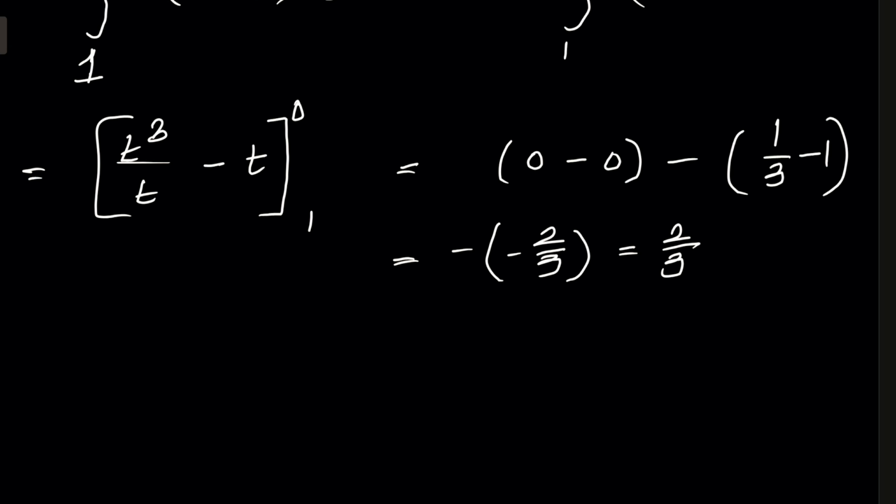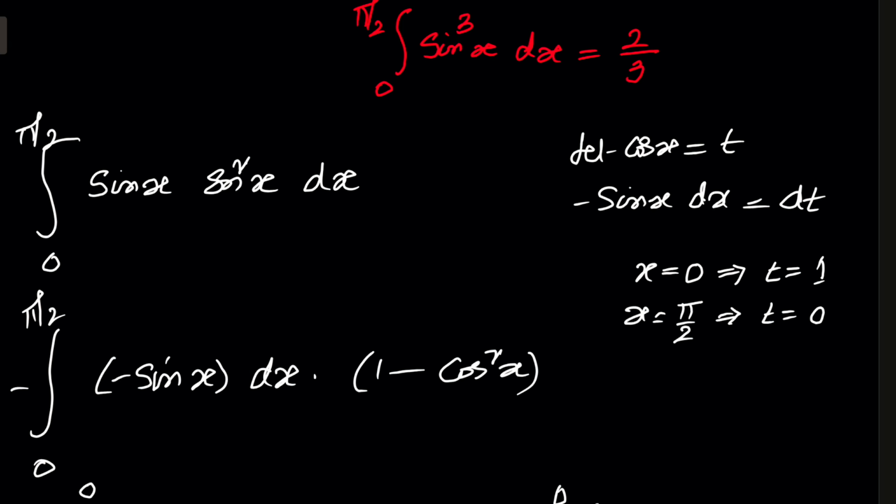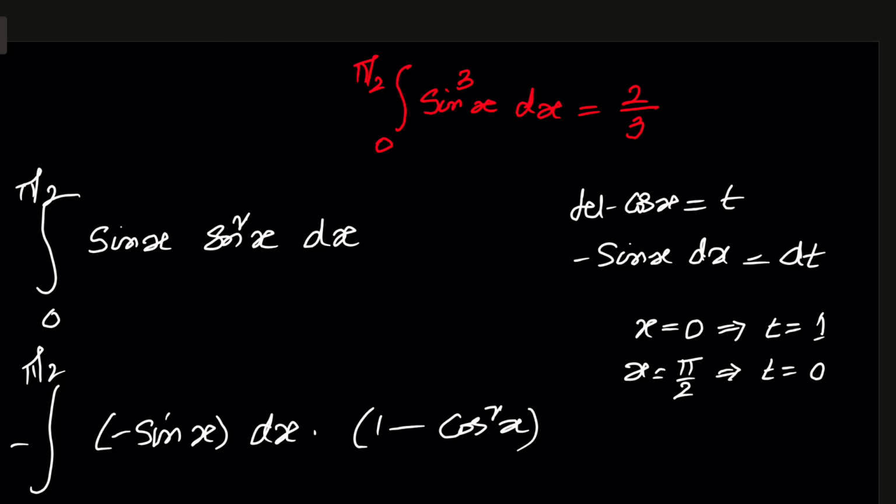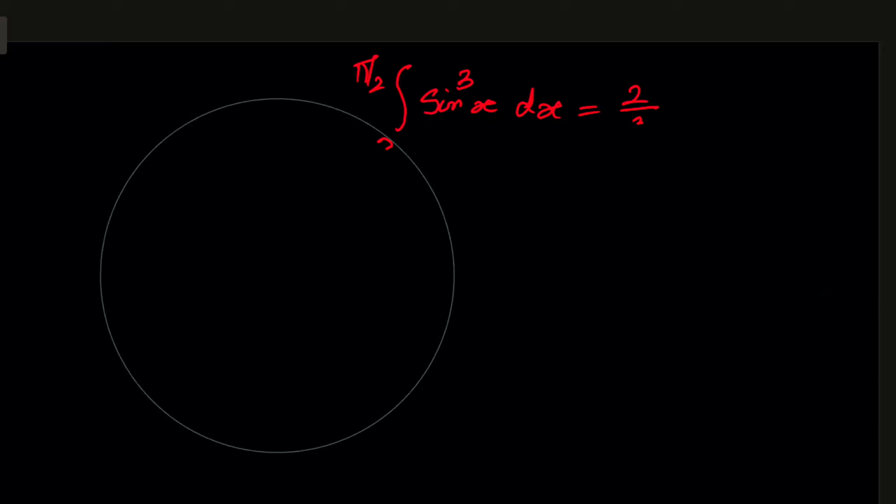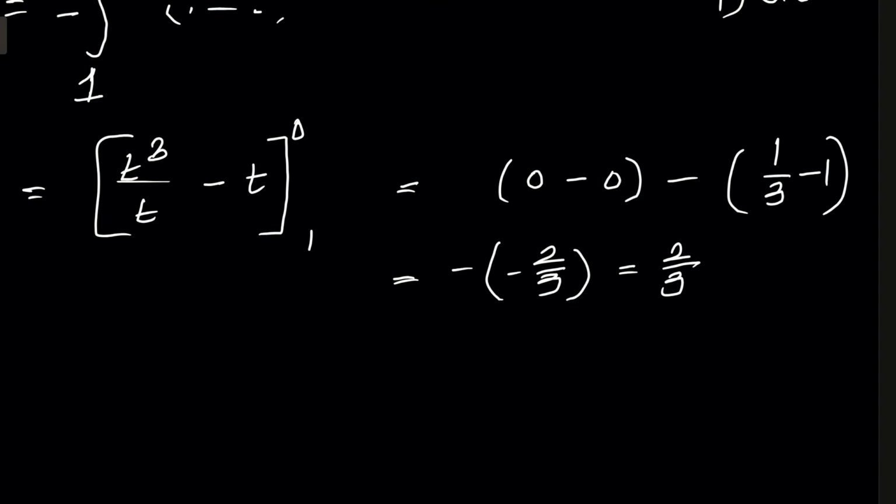Now let's look at the second method. How can we do that? Same problem in another method. Let me erase this. Let's write down integral of 0 to pi by 2 sine cube x dx.